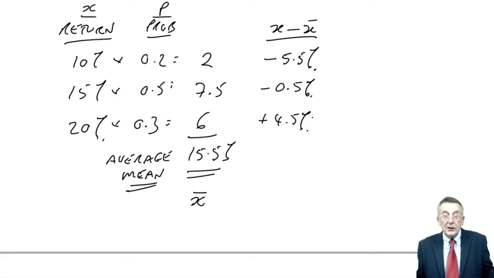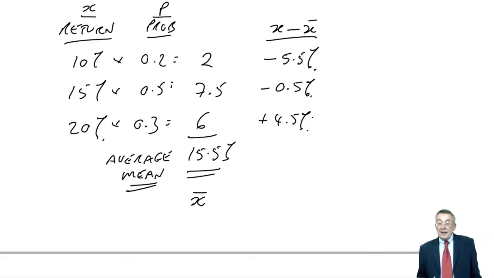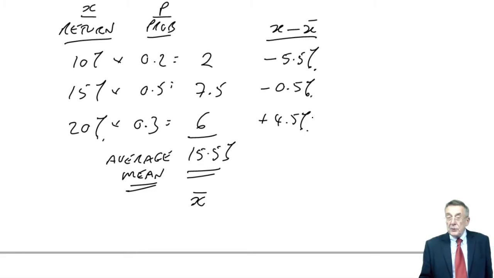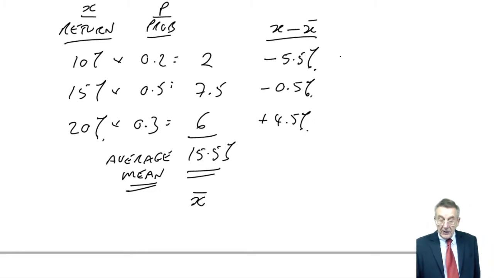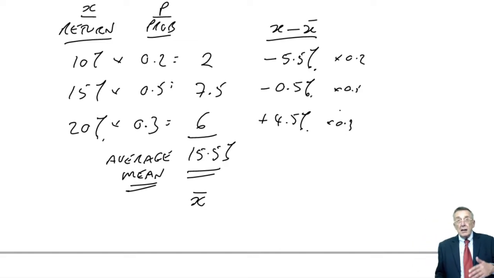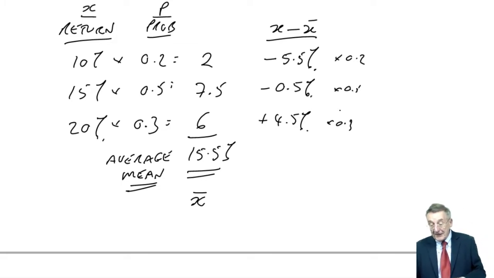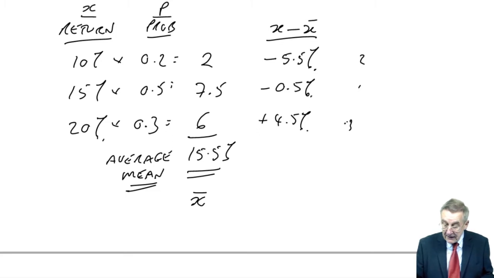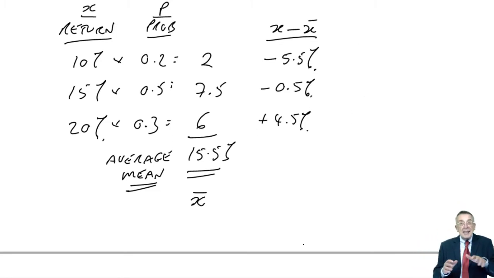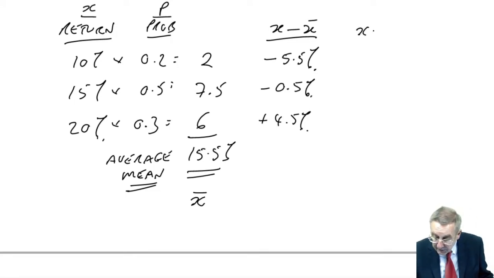And how about the average difference? Well, the only problem is, if you took the average of those, multiplying by the probabilities, I'm not going to do it, because some are below, some are above, you'd actually end up getting 0, if you think about it, or try it if you want, which would be a bit meaningless. So what we do, to avoid the sign problem, is square those differences.